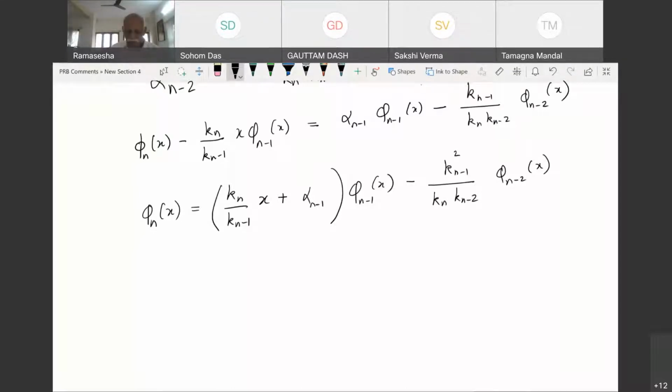Or I can always write it in a slightly different form, which is x P_n.